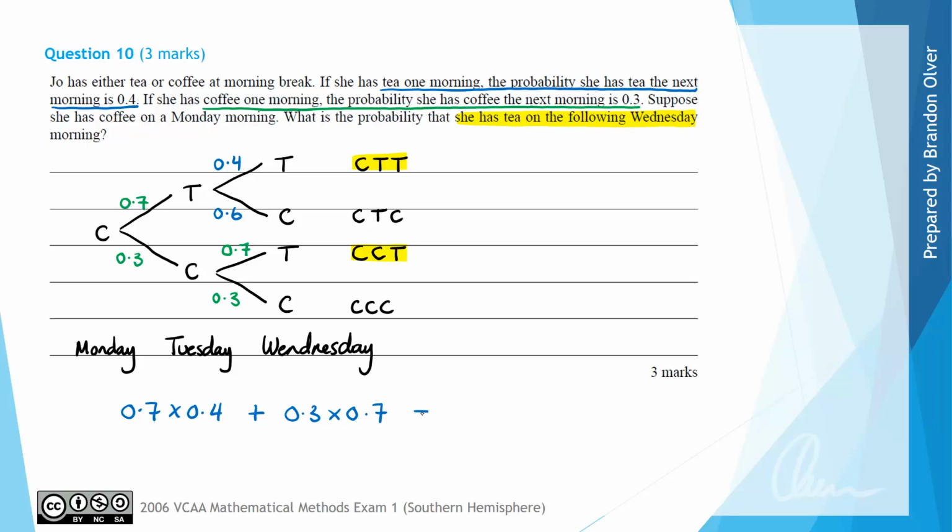So this is going to equal 0.4 times 0.7 is 0.28, and then we add on to that 0.3 times 0.7, which is 0.21, and the probability that we needed to find would be 0.49 when we add those together. So that is the answer to question 10.